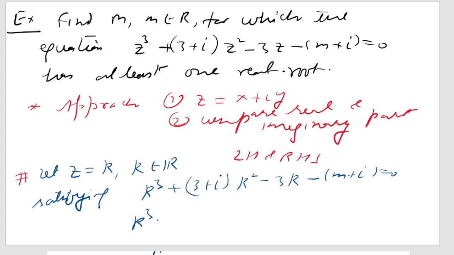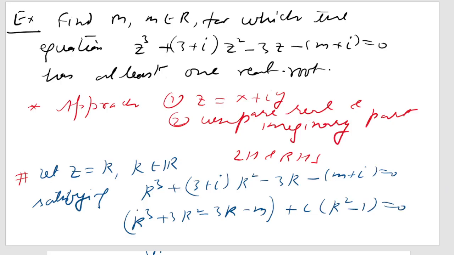So k cube plus 3k square minus 3k minus m is the real part, plus the imaginary part, which is k square minus 1 multiplied by i.